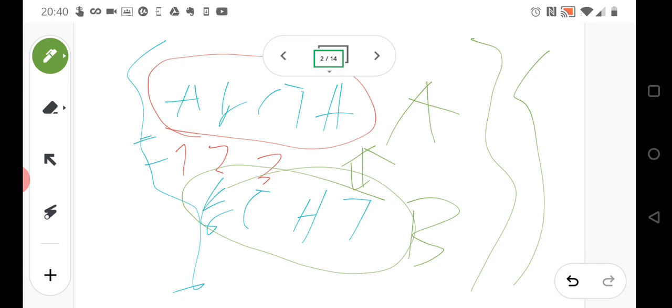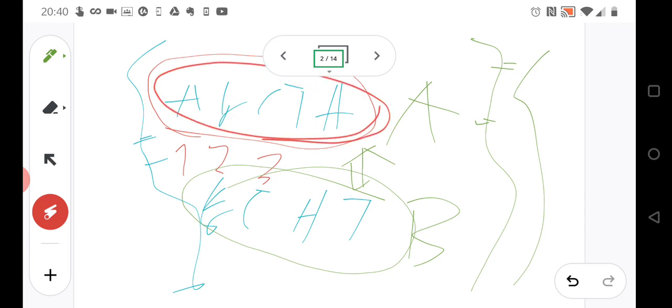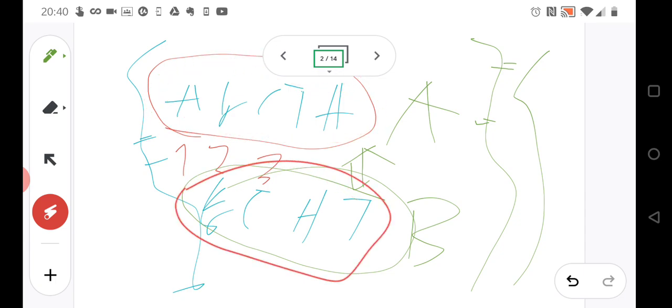So, if we can't test the whole of the DNA, what do we need to do? We need to find some highly variable part of the DNA. What does it mean that it's highly variable? It means that those sequences are changing from person to person.